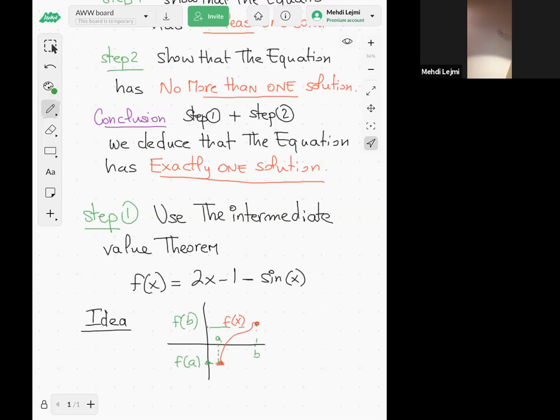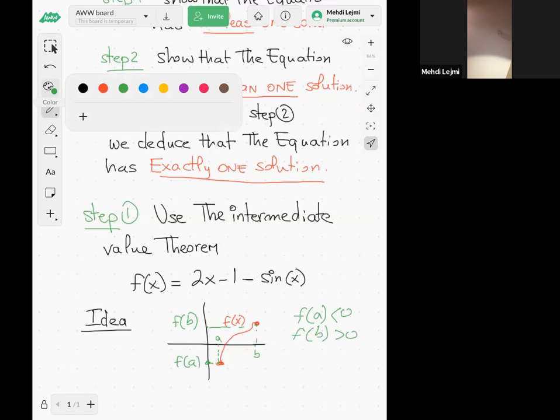If f of a and f of b have opposite signs, let's say f of a is negative and f of b is positive, then to go from negative to positive, you have to cross the x-axis at some point, let's say here c.